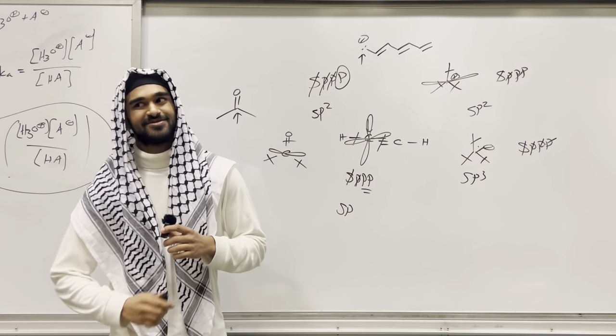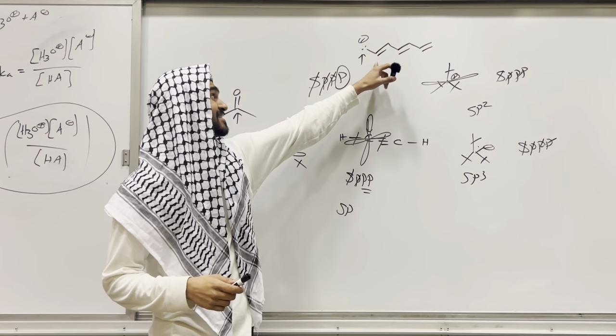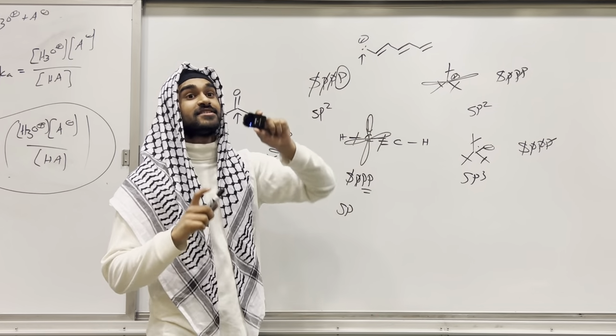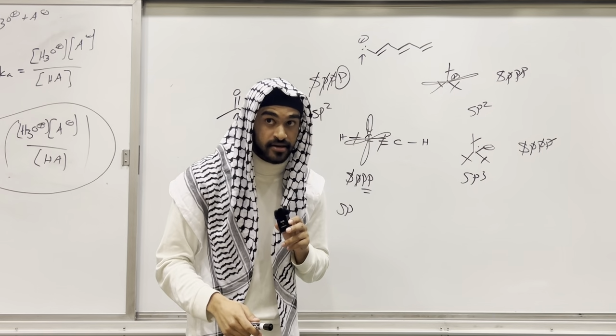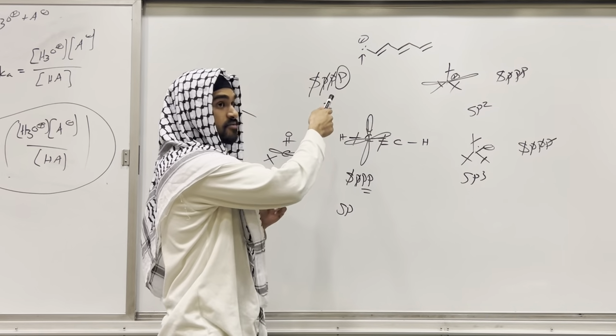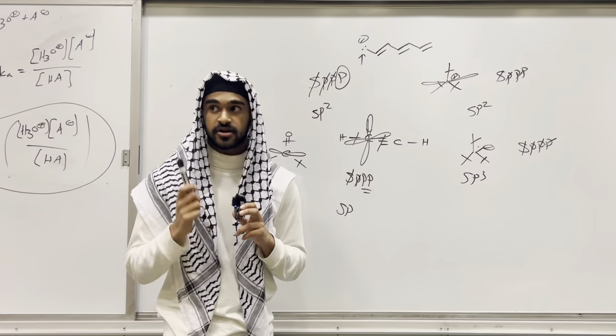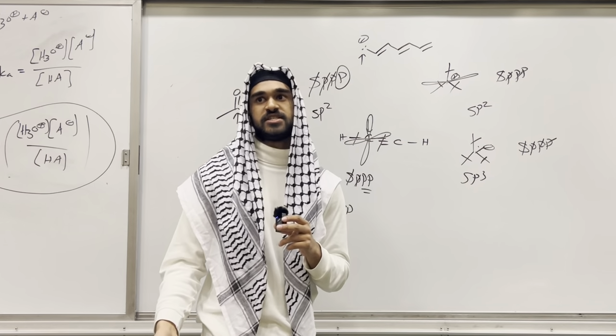Now it's sp2. Why? Because it is next to that and it can resonate. Remember what we said way in the beginning: if it does resonate, it has to be sp2. You can't cook a soup without water. You can't resonate without being at least sp2.